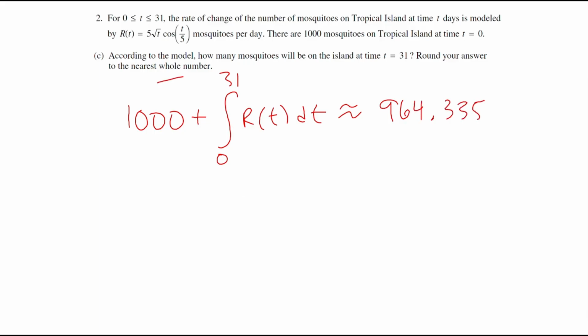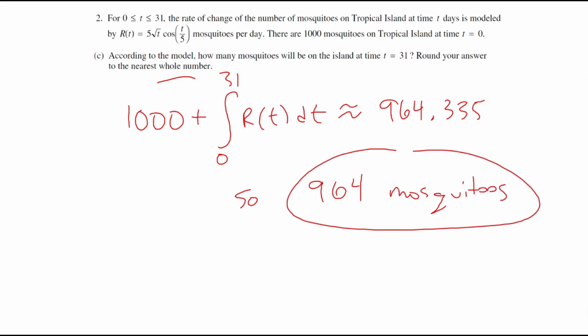It says to the nearest whole number, so 964 mosquitoes. And 2 points there, one for having the integral and one for the final answer, rounded to the nearest whole number.